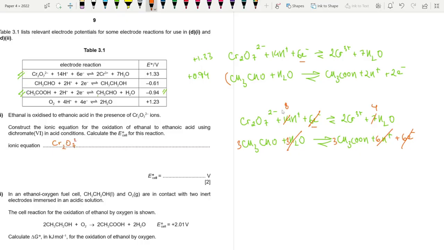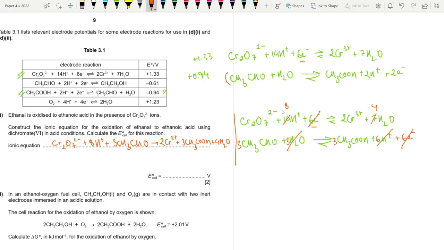Cr2O7 2 minus plus 8H plus plus 3CH3CHO is equal to 2Cr3 plus plus 3CH3COOH plus 4H2O. How about that?